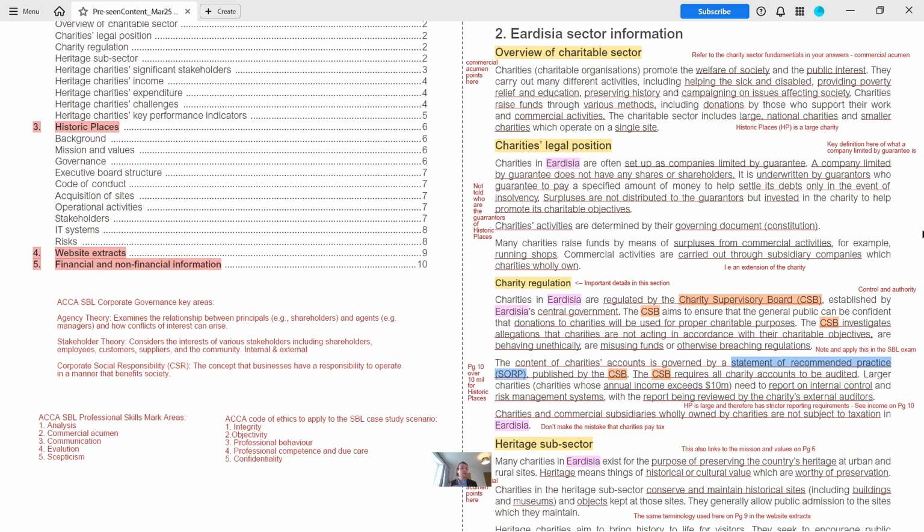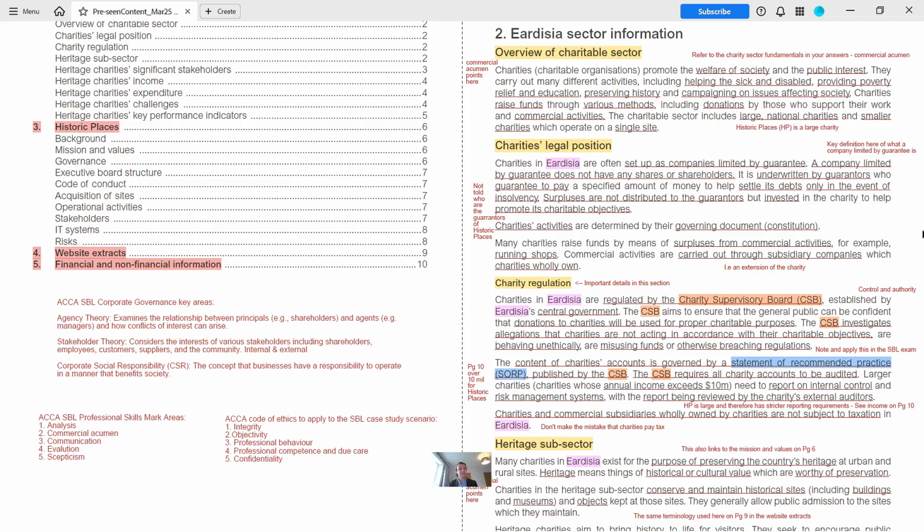With skepticism, you have to challenge the requirement and the exhibit which you've been given on the exam day. And commercial acumen is all about applying your answer back to the scenario. So in this case, referring to the charity sector and the examples that we've got on here in terms of historic places and any other charities thrown in the mix.